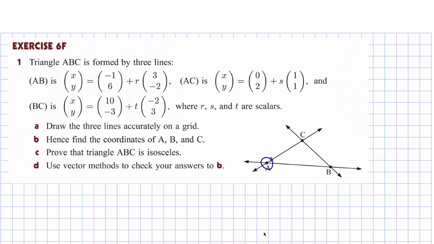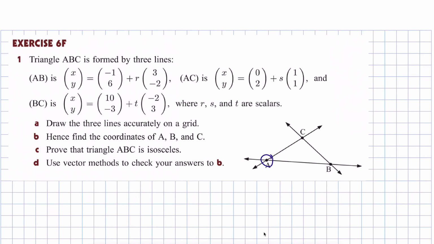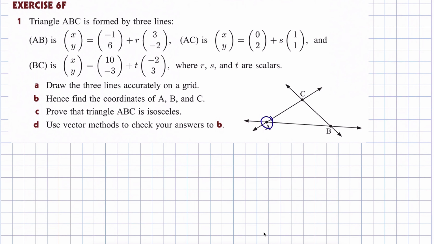The 2 lines we're going to use are the lines that represent A to B and A to C, and they just have to be equal. One really important thing to point out: if we look at these 3 sets of vector equations up the top, notice that they use a different letter for the parameter each time.